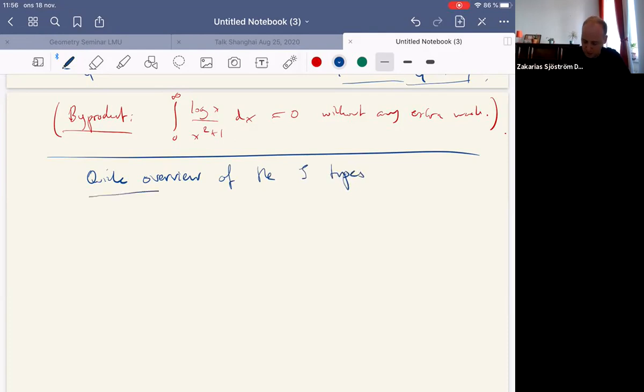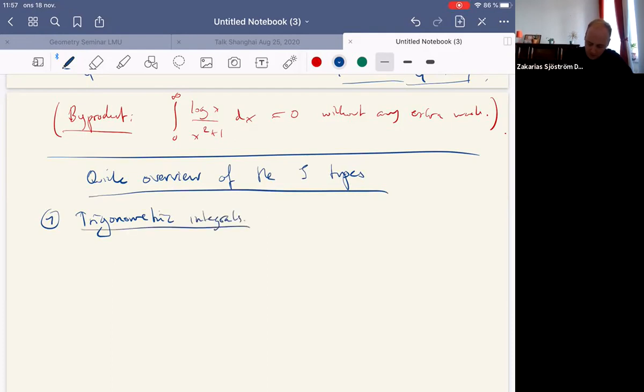The purpose here is just to make sure that you have seen what these types are, so that in case you feel that, oh, I don't know how to solve this kind, you can look at it more closely. So the first one, according to Ahlfors, is trigonometric integrals.